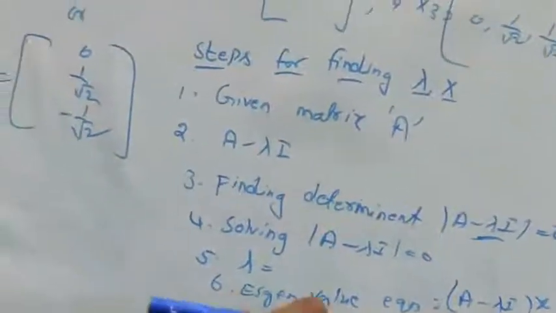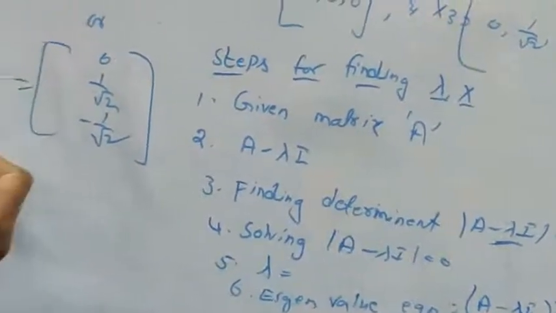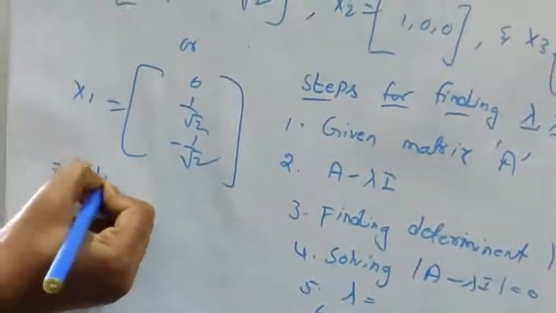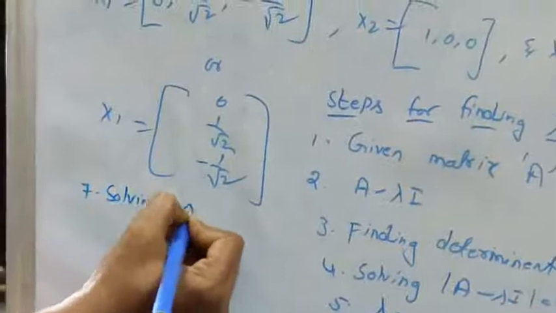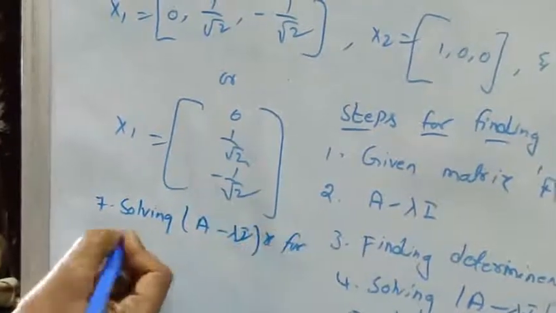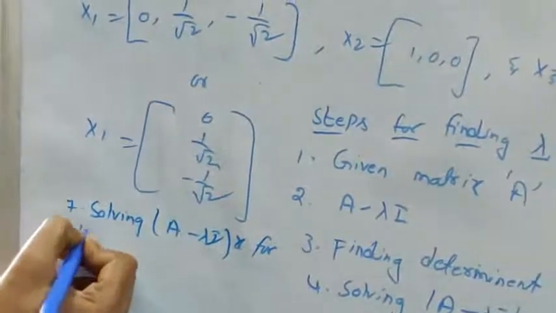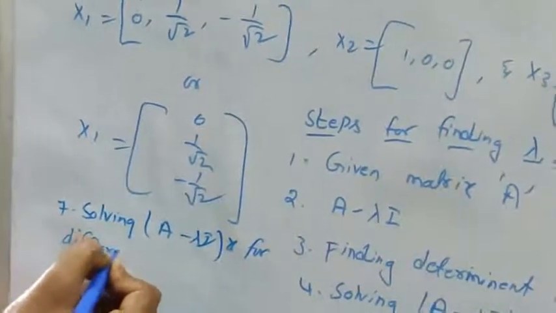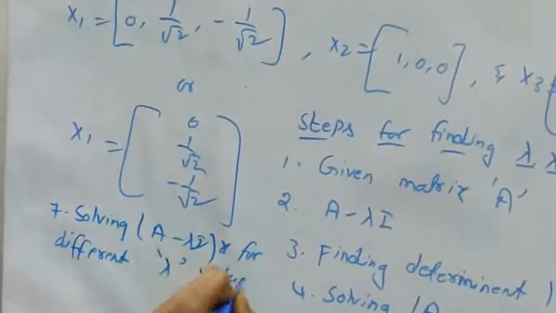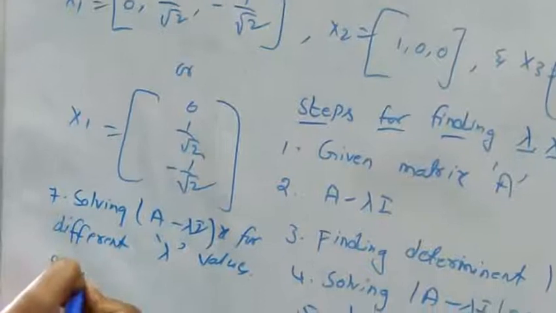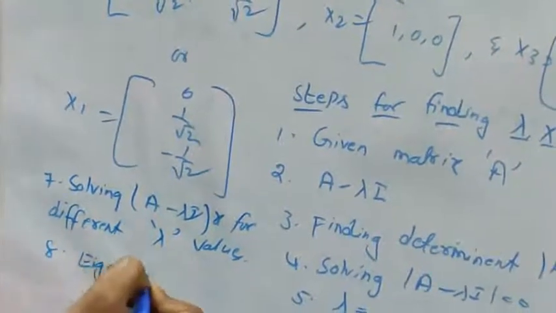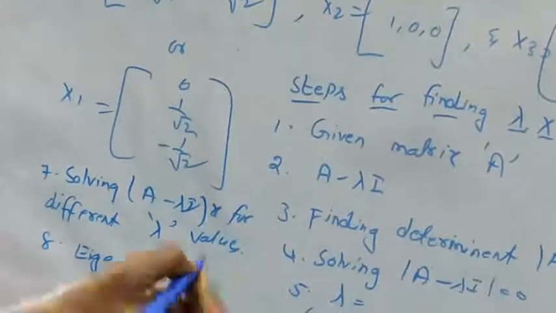That is, after solving A minus lambda I into x for different lambda values, that means eigenvalues, you will finally get the eigenvectors. So keep these steps in mind.